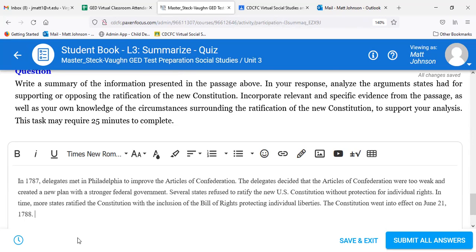Several states refused to ratify the new U.S. Constitution without protection for individual rights. In time, more states ratified the Constitution with the inclusion of the Bill of Rights protecting individual liberties. The Constitution went into effect on June 21st, 1788. So how do y'all feel about that? Have we hit all the points?